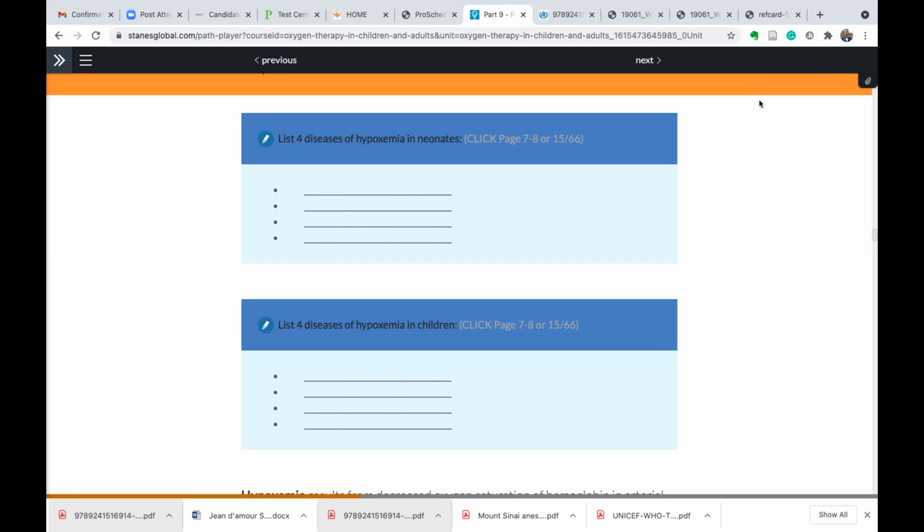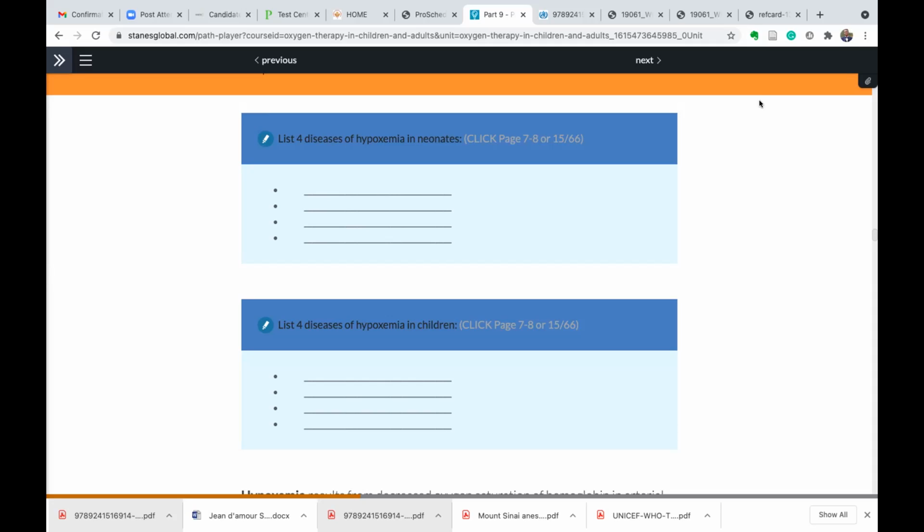Yeah, very good. Patrick Niha put most of the answer. So they may have neonatal sepsis. Yes, they can be premature, and they may have transient tachypnea of newborn. That's good. TTN, and what else?